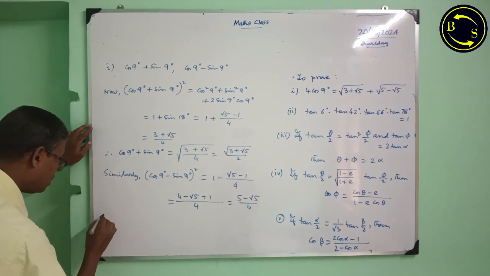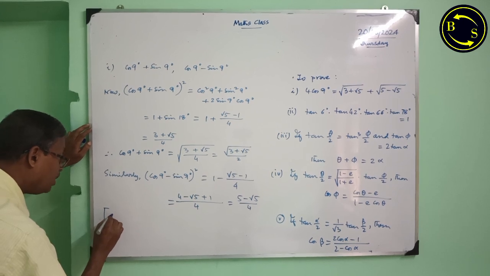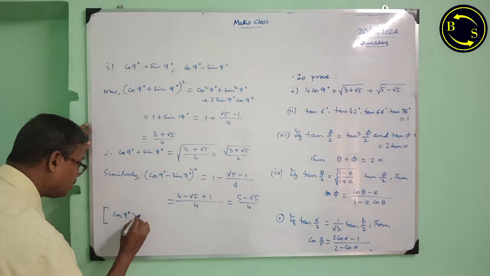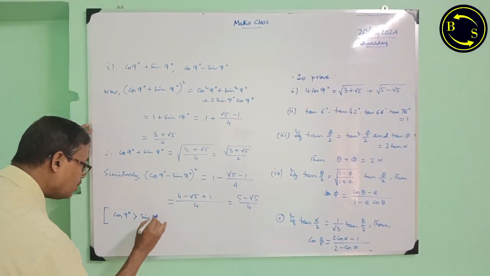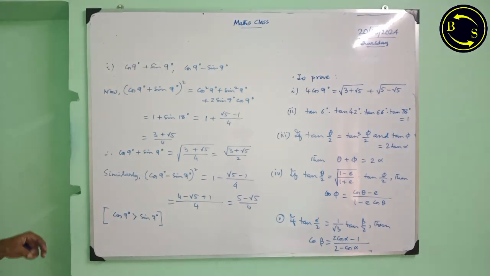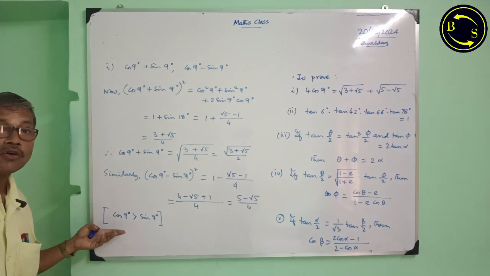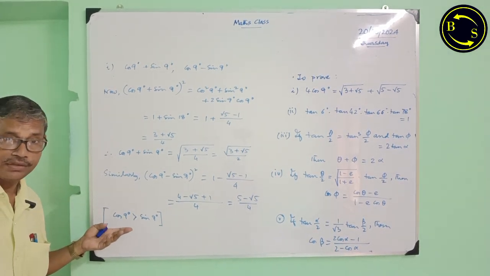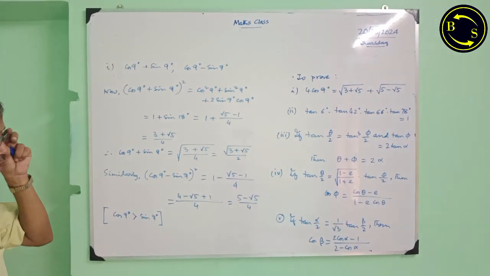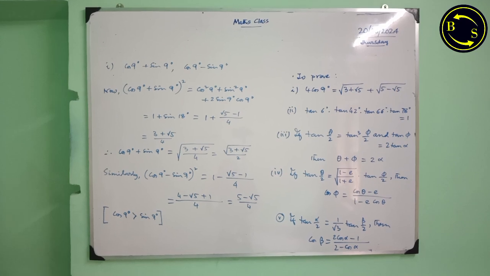One thing for the learners or the students: cos 9 degree is greater than sin 9 degree. Within 0 degree and 45 degree, cos theta will always be greater than sin theta. We can have that idea if we draw the curves of y equal to sin theta, y equal to cos theta.